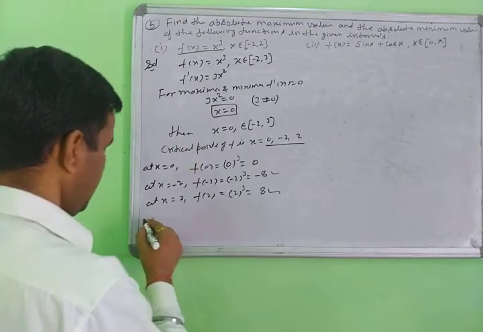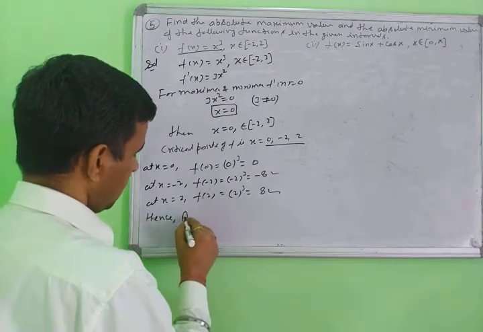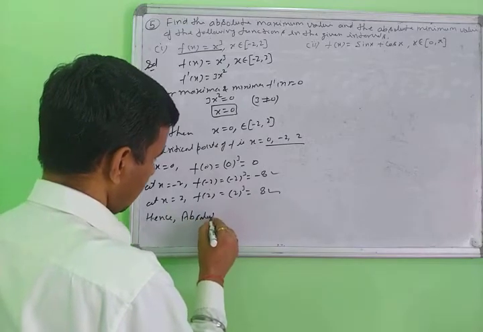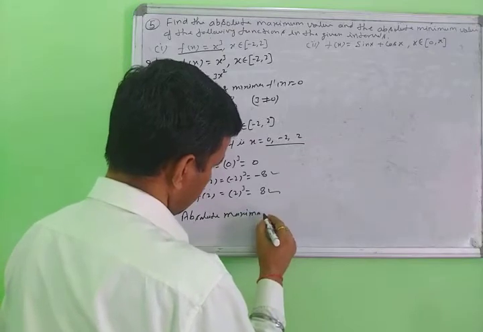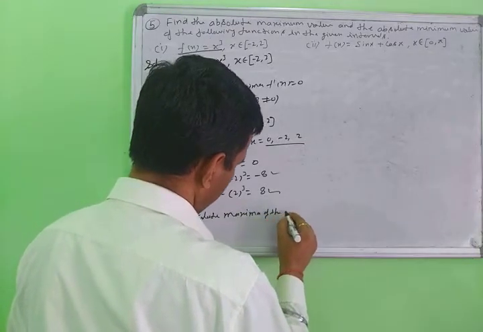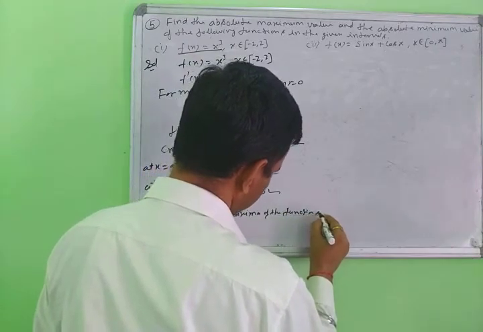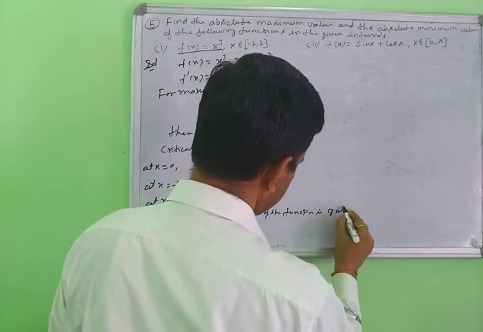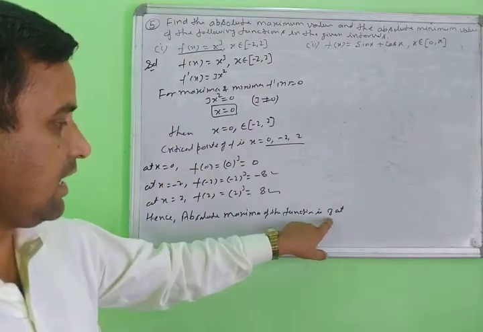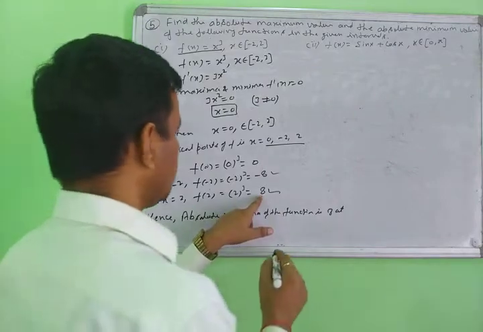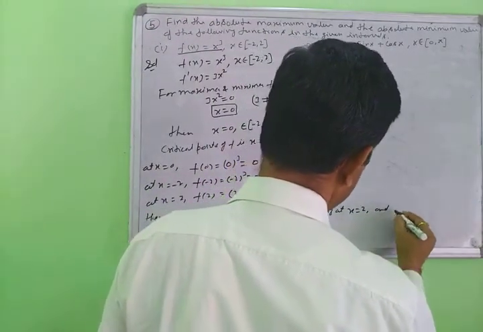So now, hence, the absolute maxima of the function is 8. At which point? At x equal to 2.